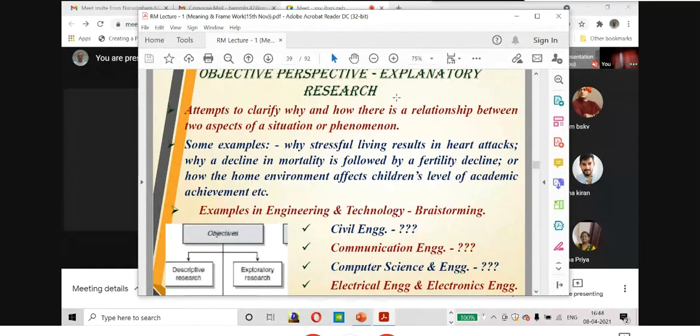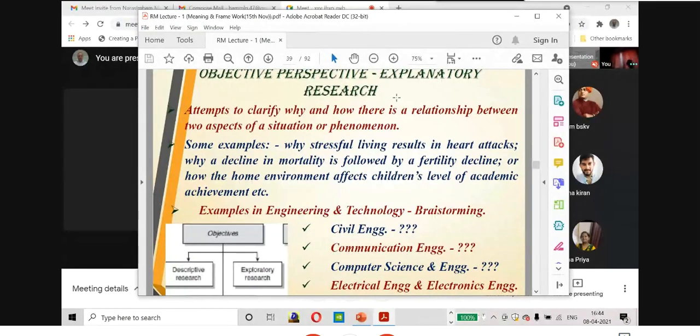Now if we go a step further and give the exact relationship between these two and explain, within certain constraints or within certain input parameters, how the behavior between the independent variable and the dependent variable is varying. So that is explanatory research. You are not only correlating, but you are providing further explanation.